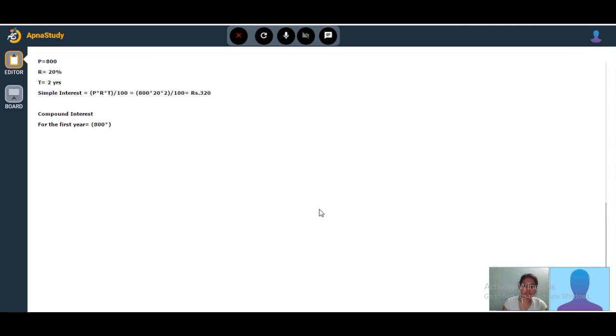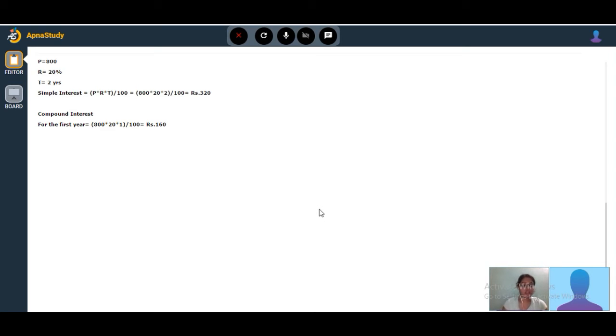Principal will be 800, for the first year the rate will be 20, and the time will obviously be 1 because it is 1 year, divided by 100, which fetches us an answer of rupees 160 for the first year.